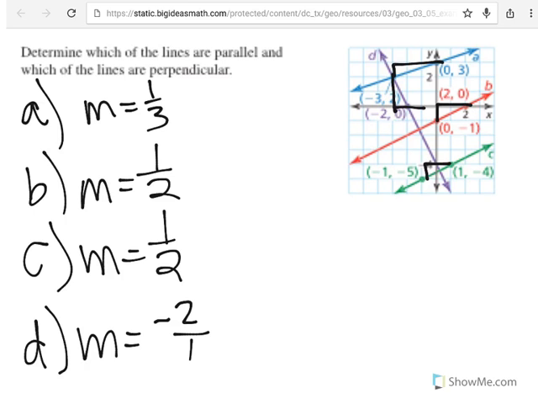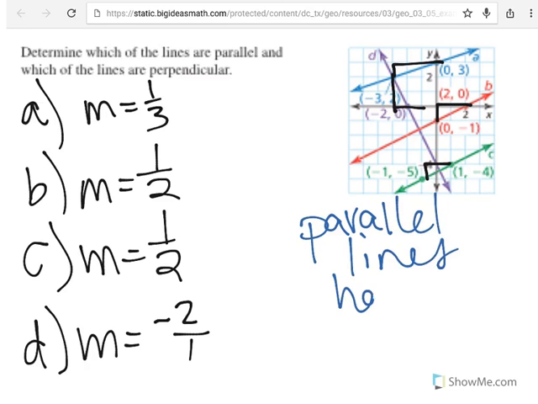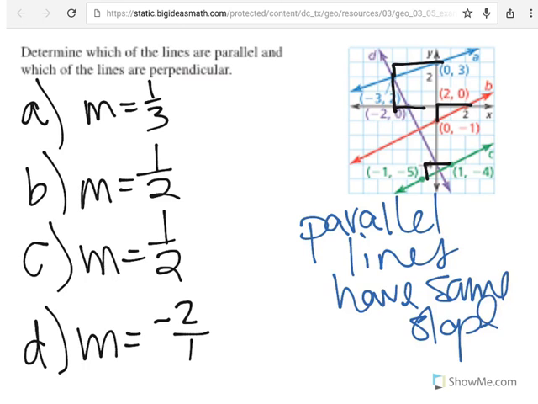Then I have to think, parallel lines have the same slope. So if I look at B and C, they're both 1/2, so these are parallel. Now I also need to find which ones are perpendicular. I can do this one of two ways. I can remember that they need to be opposite reciprocals, that means different signs, and they need to be flipped of each other.